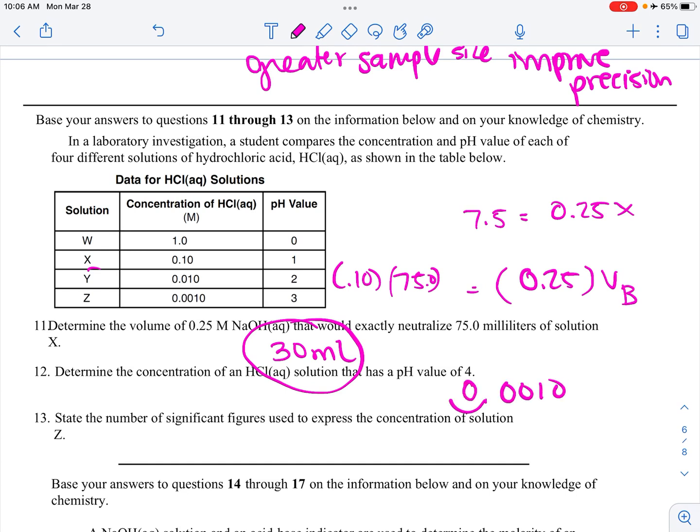This is 3. So move it one more to the left. So you're going to get 0.00010 molar. So could you also say that in scientific notation? Sure, that would be 1 times 10 to the minus 4. Say the number of sig figs in solution Z. So again, only those last two.